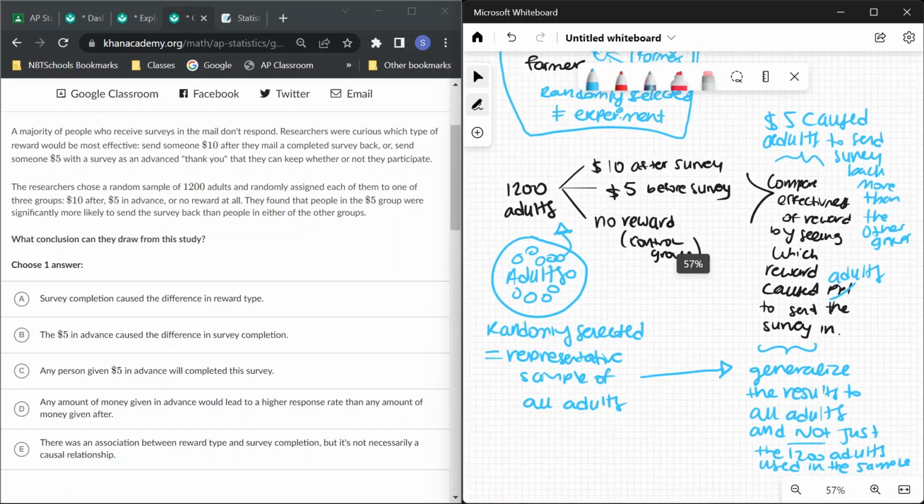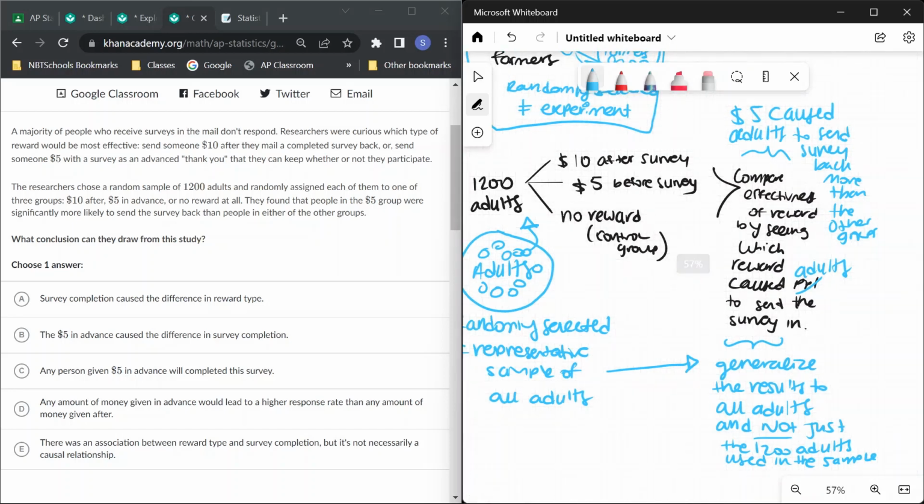So $5 caused adults to send the survey back more than the other groups. Here's what changes: if it's randomly selected, we could say adults. If it's not randomly selected, we would have said the $5 reward causes the adults in the sample, or the 1,200 adults, to send the survey back more than the other groups.